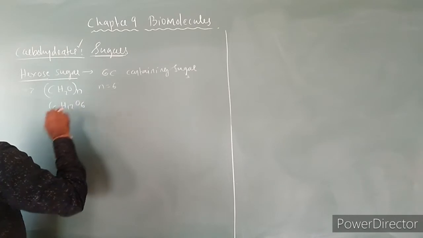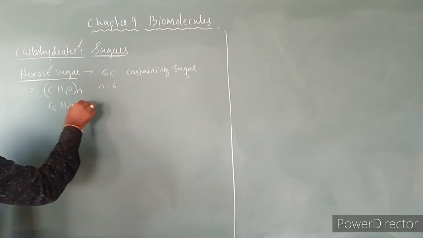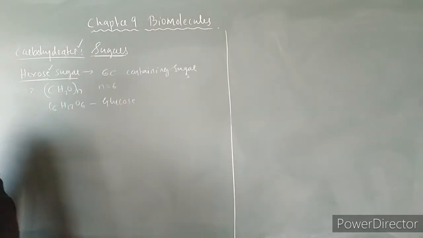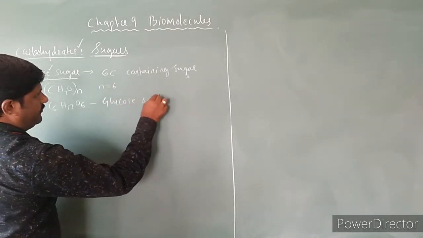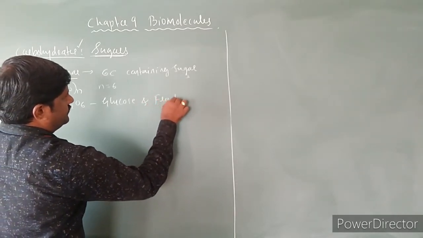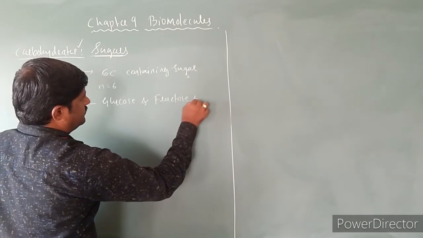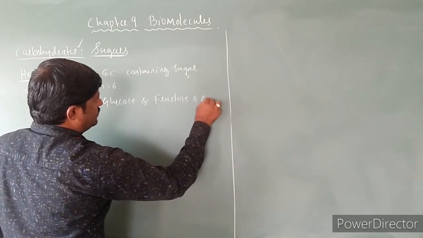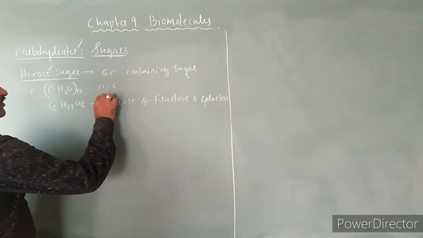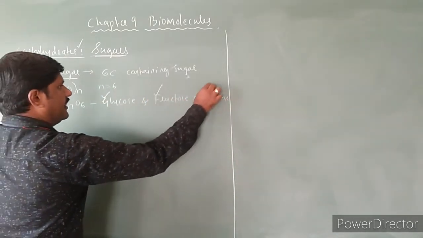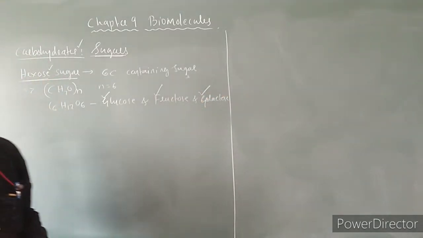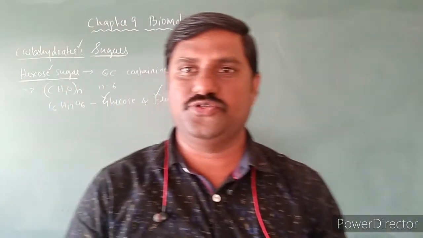This is one type of hexose sugar, glucose. Glucose is one best example. Another one is fructose, and galactose is another one. So glucose, fructose and galactose are the kinds of hexose sugars.